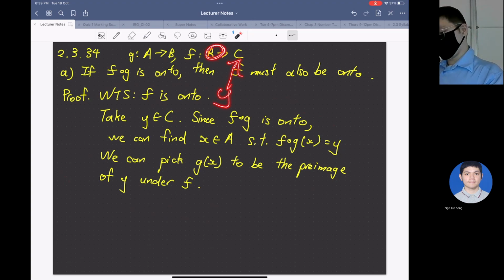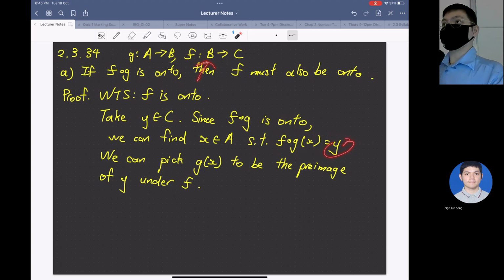I need to find an element in B here. But I know that the composite is onto, so I can find an element x in A such that f(g(x)) is y. Then I just take my g(x) to be the pre-image of y in B. Because g maps x to B. The whole idea is easy, but you need to get around the logic and definition.